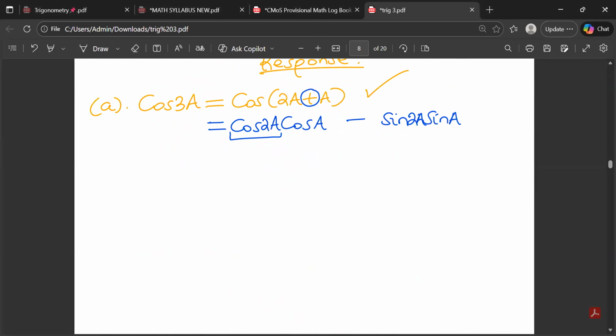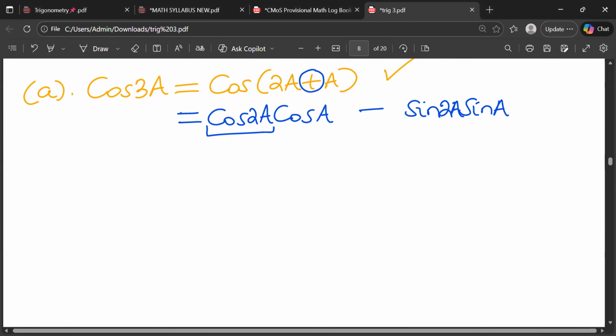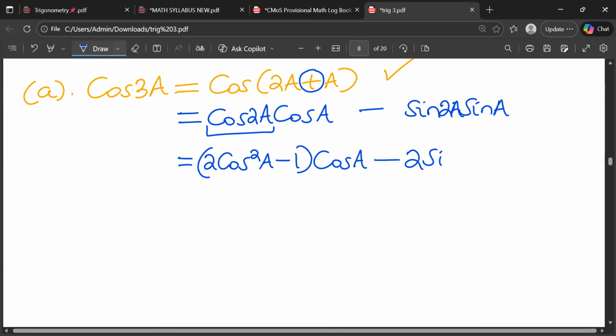Get the point? So I'll come and then say I'm taking the third as you people have said, which is 2 cos squared A minus 1. This one is cos A like that. Minus, you all know sin 2A, that one had only 1, so you don't overthink, you just put.